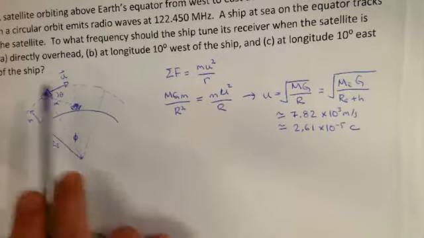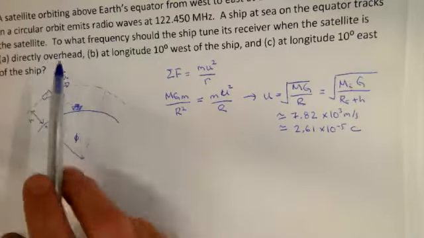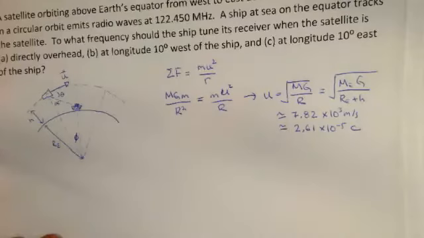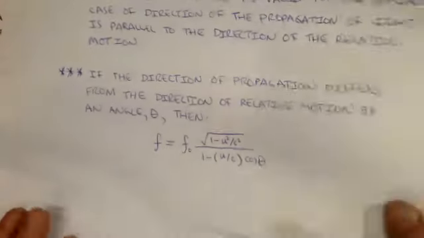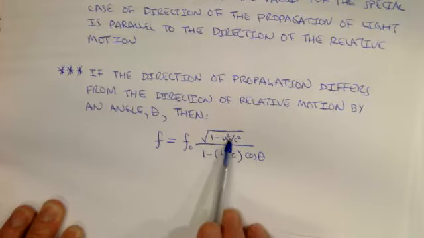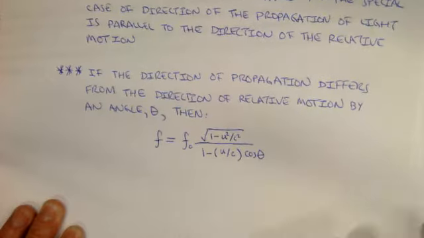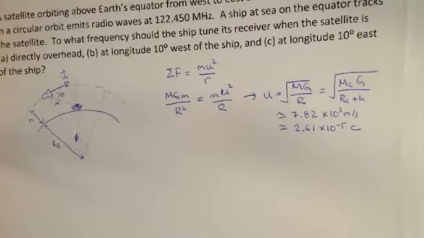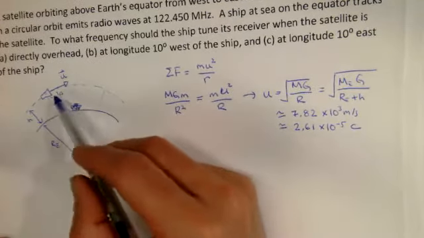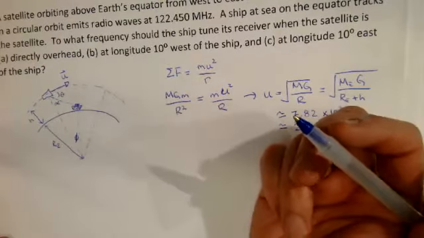And so let's start with the case where it's directly overhead. Well, we're going to use, where did I put this? We're going to use the version of the equation where f equals f naught times the square root of 1 minus u squared over c squared divided by 1 minus u over c cosine of theta. If it's directly overhead, notice that theta is going to go to 90 degrees, right?